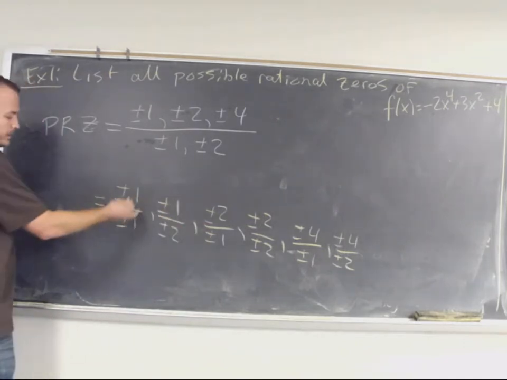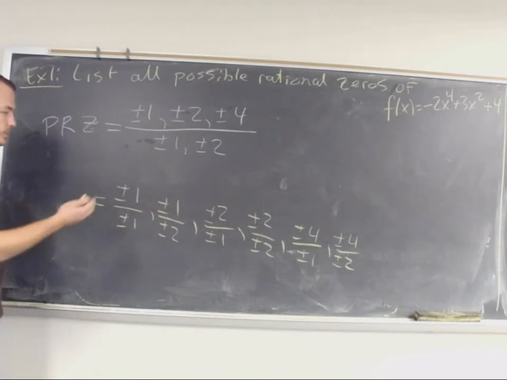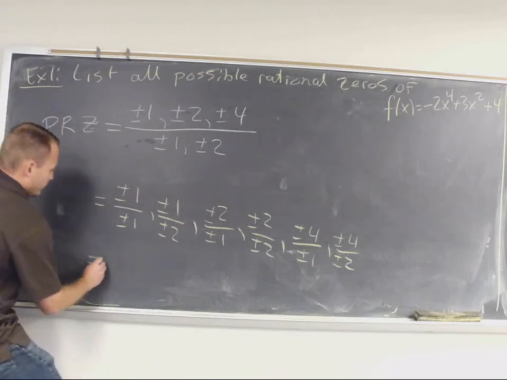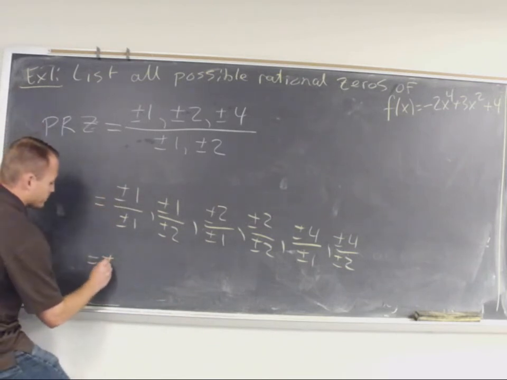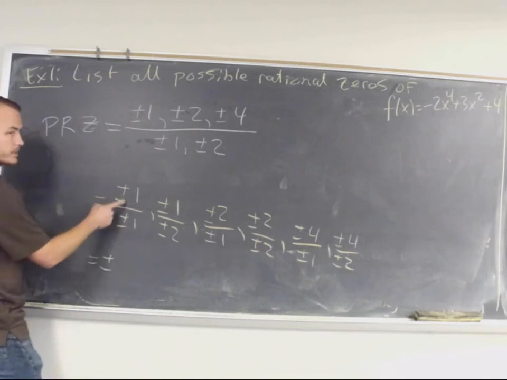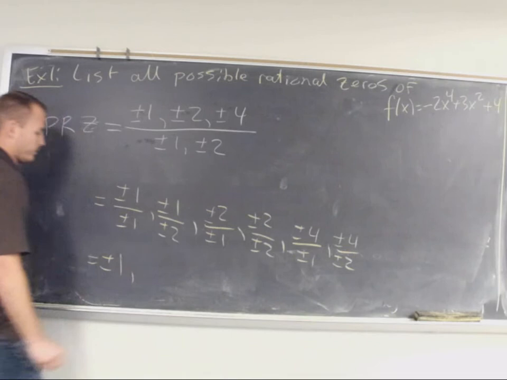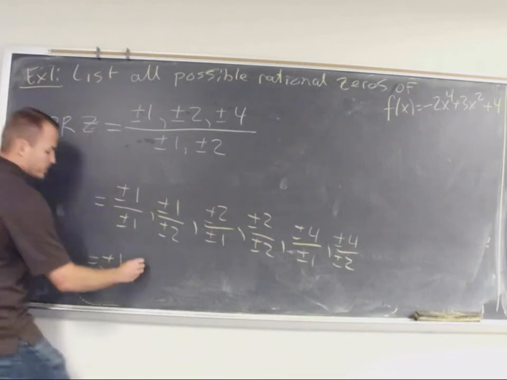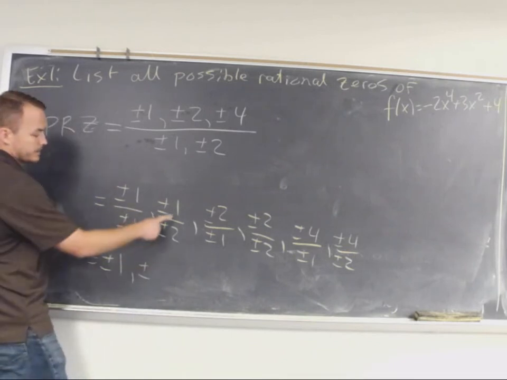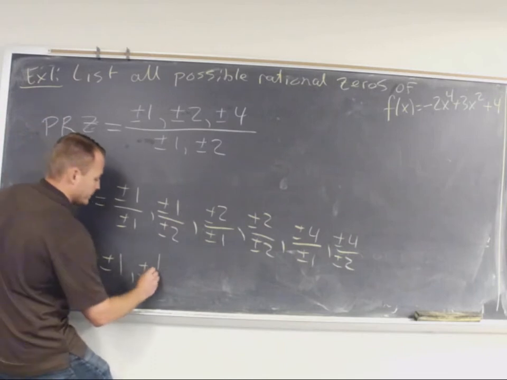And we're not going to have to write these plus or minuses twice. You only need to write them once. So we can say plus or minus, because we only need to write it once, and then we do the division. 1 divided by 1 is 1. And then we're going to have plus or minus, and this is 1/2. So we just leave it as 1 over 2.